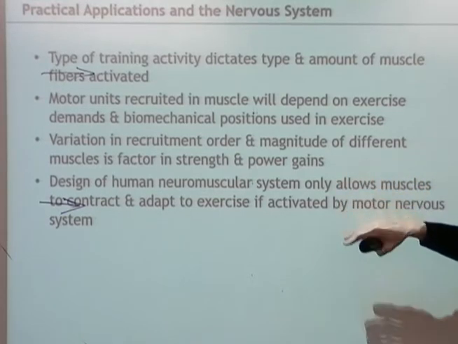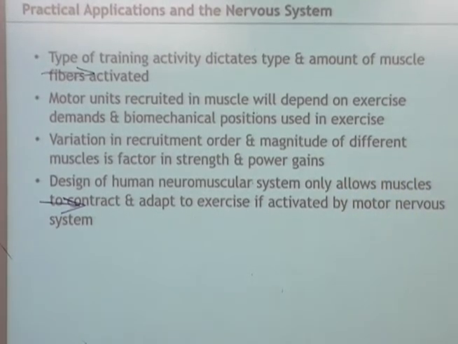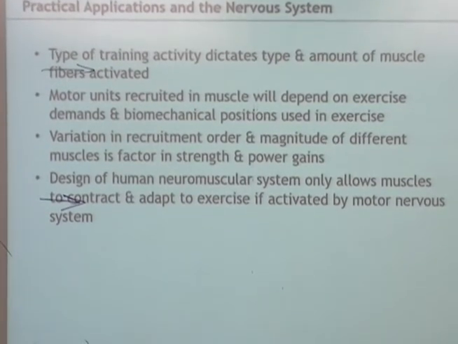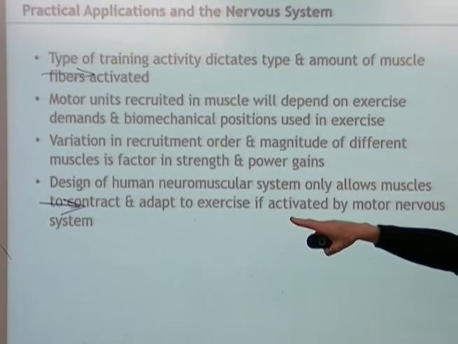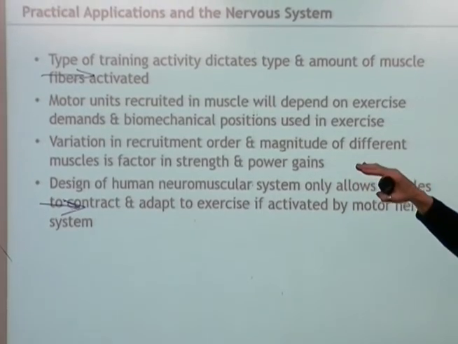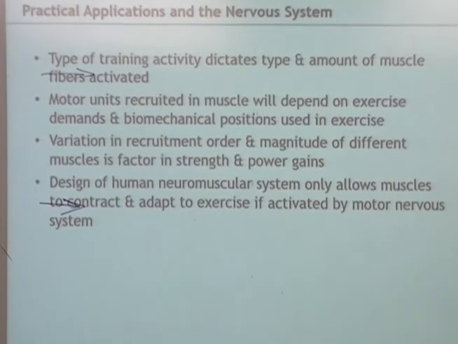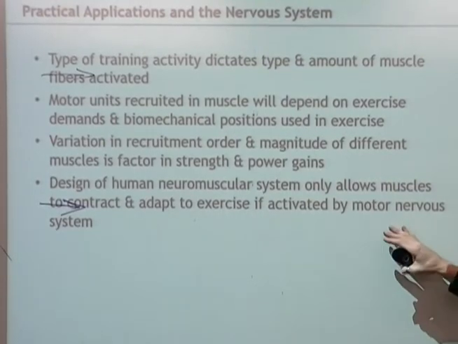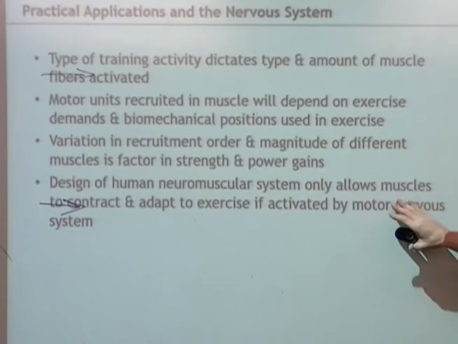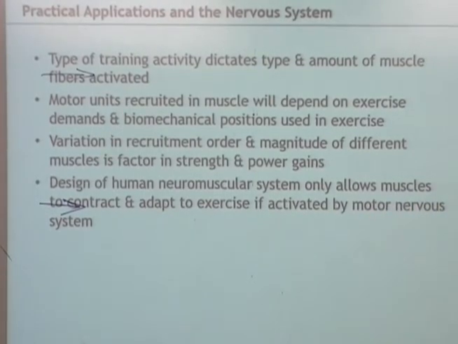I'm going to change the order of recruitment and the amount of recruitment if I'm doing strength and power work. I'm maybe going to decrease the amount of recruitment at any one time if I'm doing endurance work. And only the muscles that are activated by a motor nerve are doing any work at any one time.